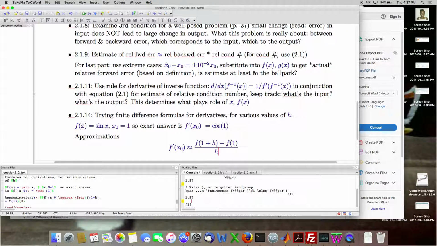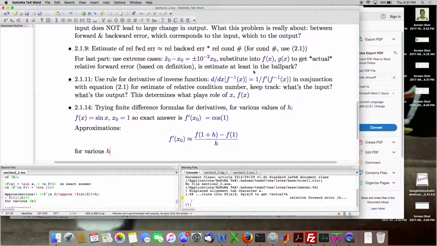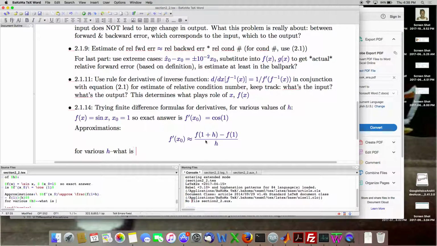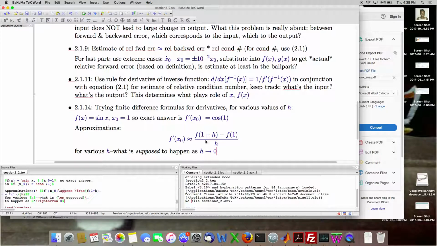The idea is you go ahead and try these out, and it'll be easier to do it in MATLAB for the h's that you're given for this formula and the other one that's given in the problem, the center difference. And what is supposed to happen as h goes to 0?